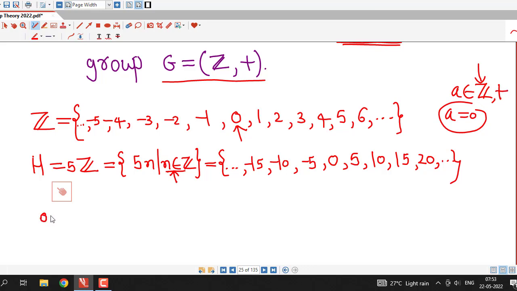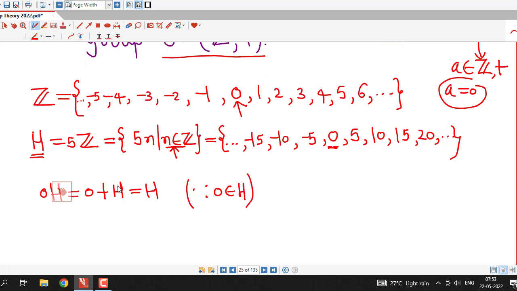So for a equal to 0, our left coset will be denoted by 0H, and because the operation is addition, we can write this as 0 plus H also. Now we observe that this 0 is present in the subgroup, so we can directly write that this left coset will be equal to the subgroup itself because 0 is present in H.